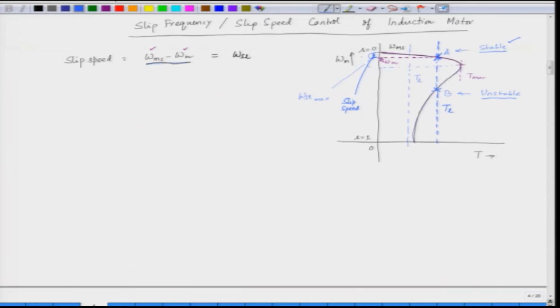Now, we will still have the variable voltage and variable frequency control of induction motor. We will vary the voltage and will vary the frequency, as we have seen in the last lecture, but however, this time we will control the slip speed as well.